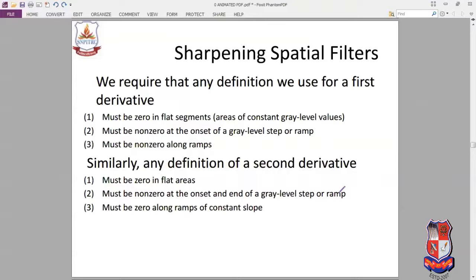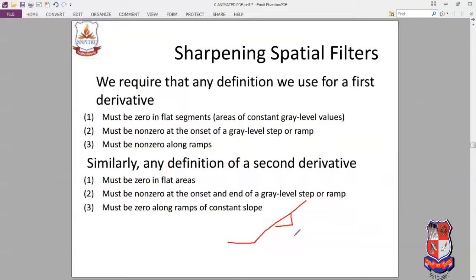The third point which the second order derivative should follow is that it must be zero along the ramps of constant slope. Constant slope means delta y by delta x is equal to 1. That means the changes are equal for every duration we consider for delta x.